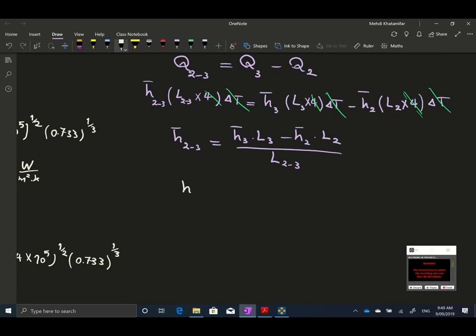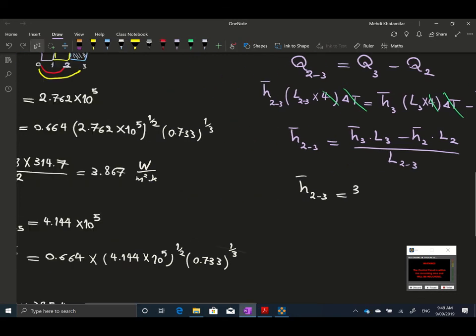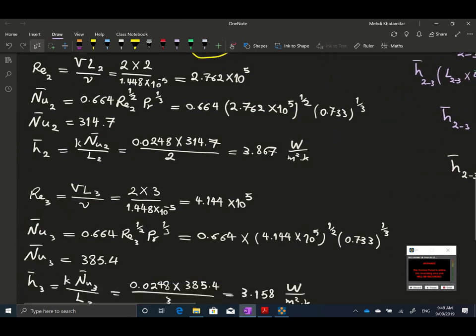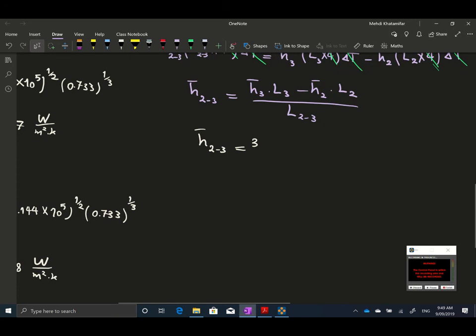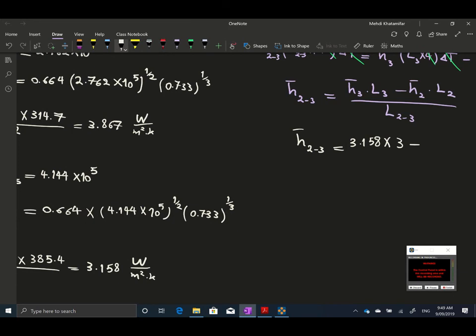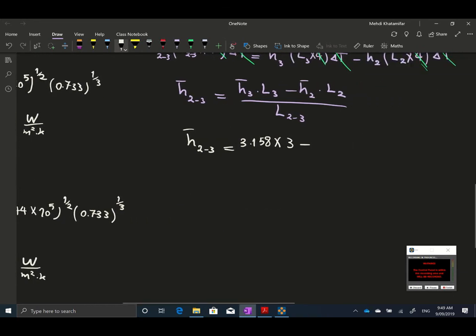So H between 2 and 3, which I hadn't, now I can calculate it. H3 was 3.158 times the length 3 minus H2, 3.867 times the length 2 meters, divided by the length between 2 and 3, which is 1.